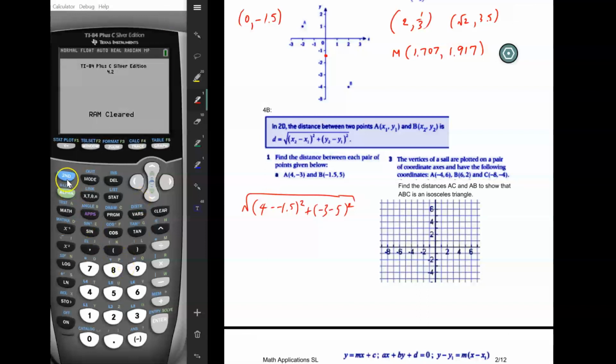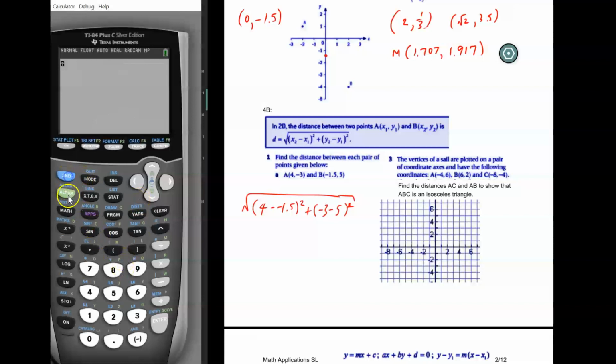So we'll have square root, and then we'll put parentheses, super important, 4 minus, and then it's negative 1.5 squared, and then it's plus, and then remember when you do negative 3, it's this minus sign, minus 5.